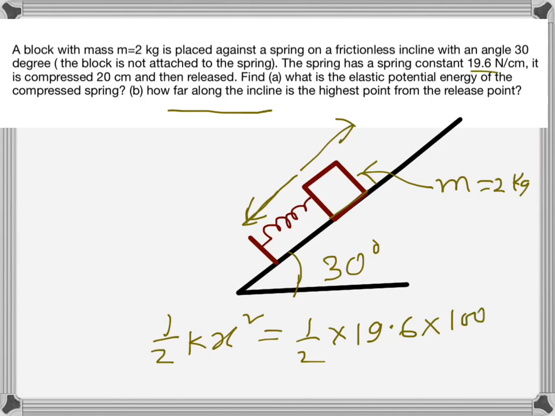The compression is 20 centimeters, which is 0.2 meter, that is x, squared, times the spring constant, which is 19.6 into 100 Newton per meter.